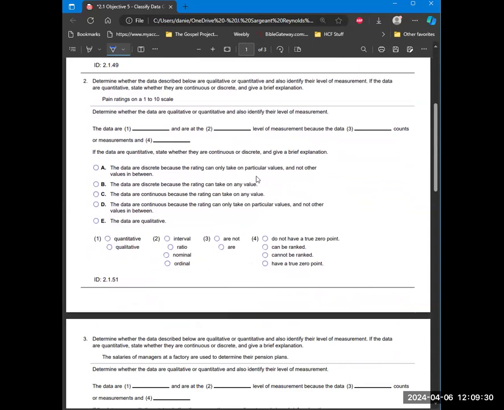Determine whether the data described below are quantitative or qualitative and identify their level of measure, and if they are quantitative, tell whether they're continuous or discrete and give an explanation. Pain ratings on a scale of 1 to 10 should be considered qualitative in nature, not quantitative.